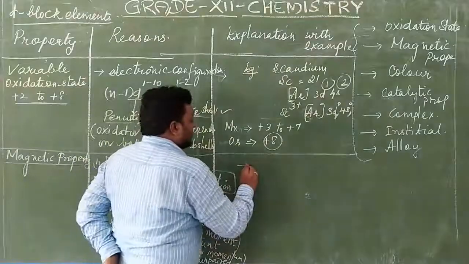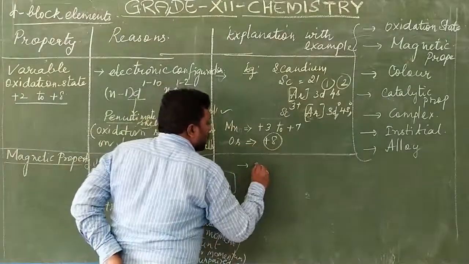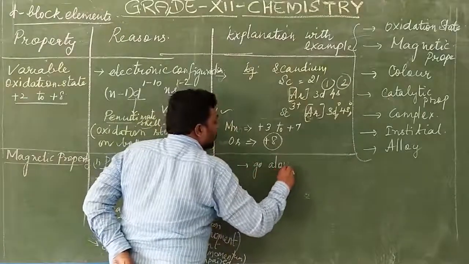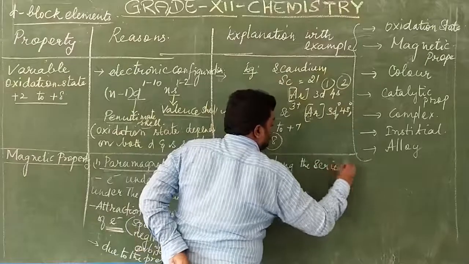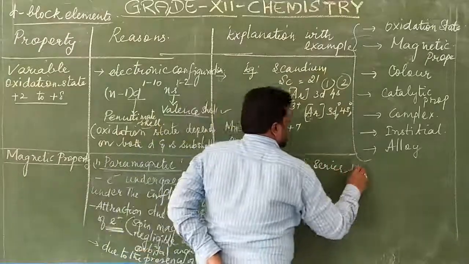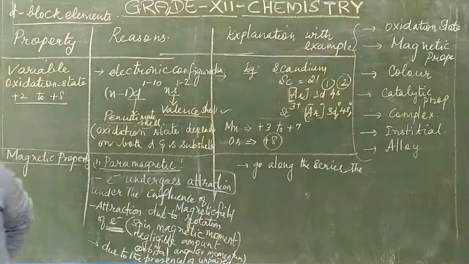Now see, the paramagnetic substance, I told you, when we go along the series, the paramagnetic character goes on decreasing. Which is getting decreased?